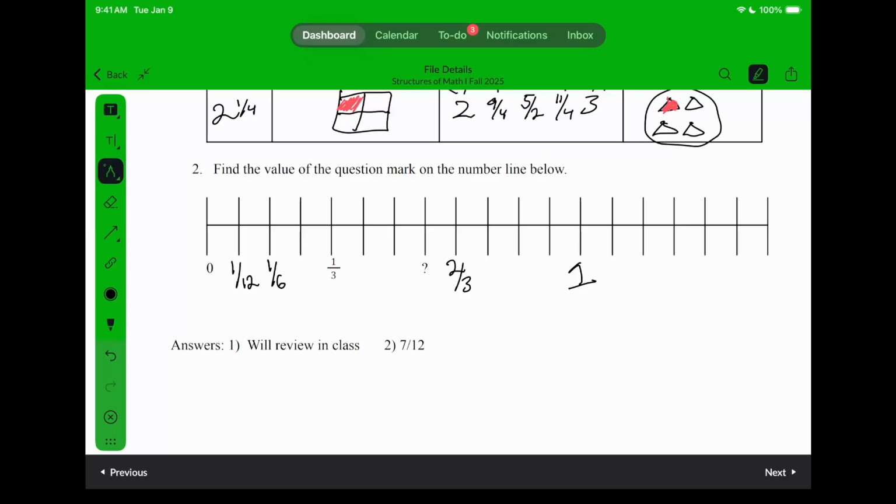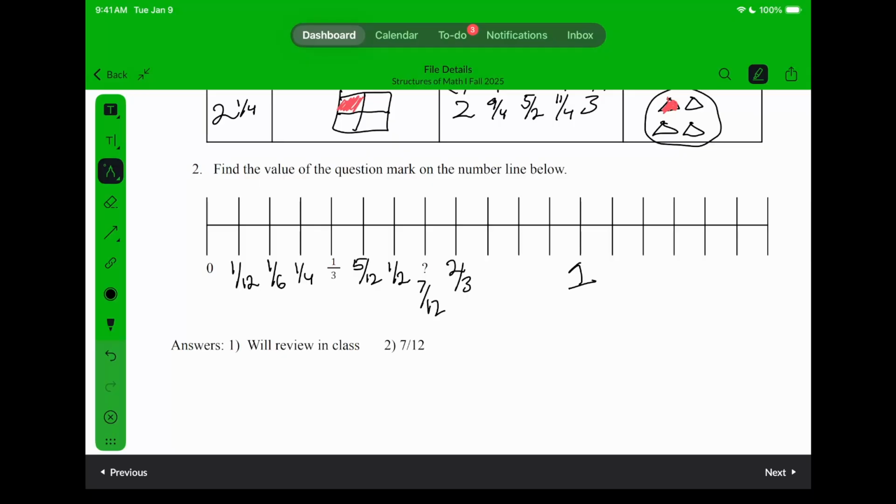And then from there we have our 1/6, which is 2/12, and then 2/6 is 1/3. And then 3/12 is actually 1/4. 4/12, 5/12, 6/12 is our 1/2. That's 7/12. That's actually our answer.